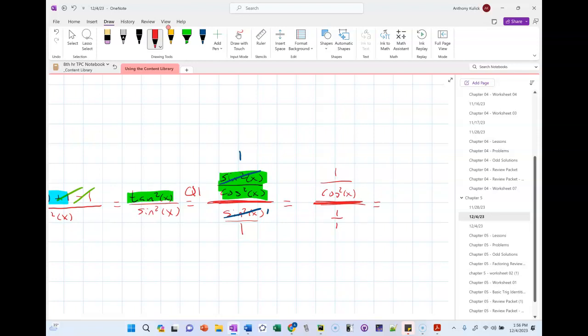But goodness gracious, Mr. Kulik, I don't need a compound fraction anymore, do I? What can I just write this as? 1 over cosine squared x. Right? This is just 1, and anything divided by 1 is just itself. So 1 over cosine squared, right?